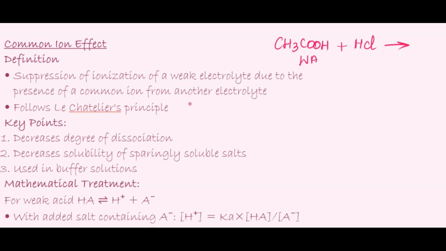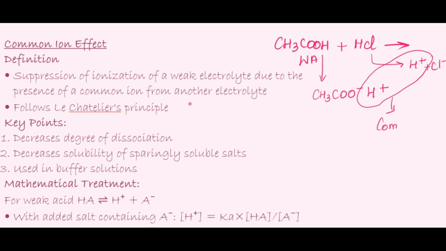So what will happen? CH3COOH will get dissociated as CH3COO minus and H plus. HCl can easily be dissociated as H plus and Cl minus. So in the solution, I am having more H plus ions. This is the common ion.